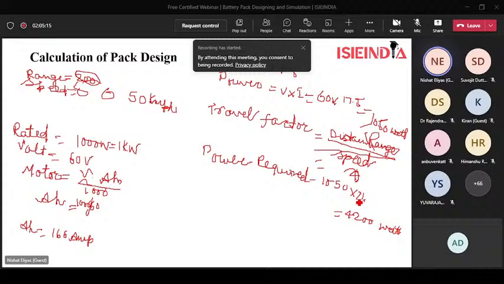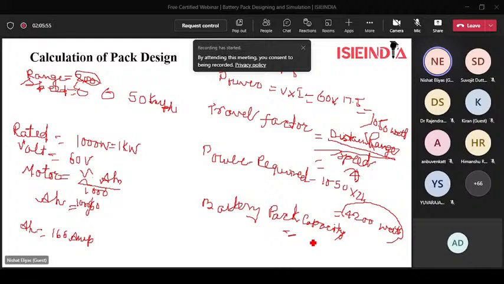Now let us suppose that we are having a battery pack with an efficiency rating of 85 to 95%. So we consider the efficiency of 85%. We can calculate the battery pack capacity. Right now it is in watt.